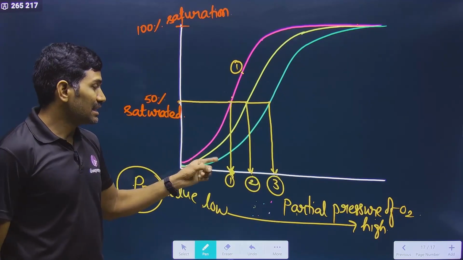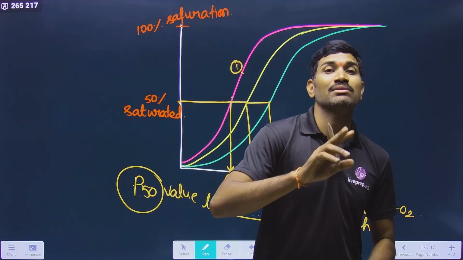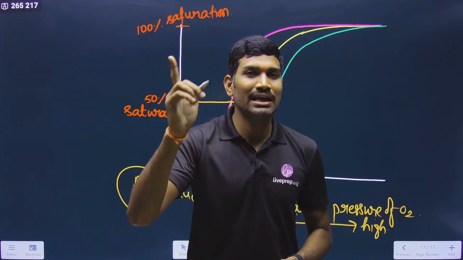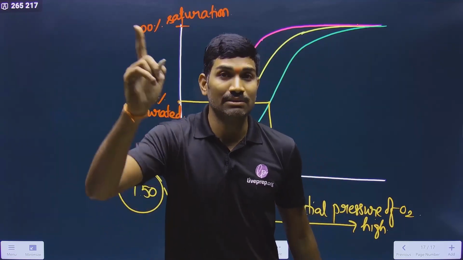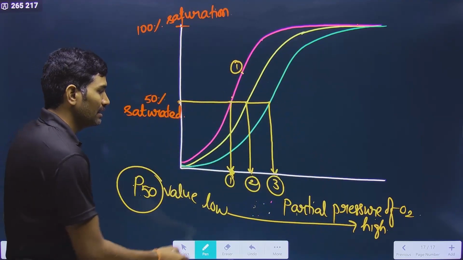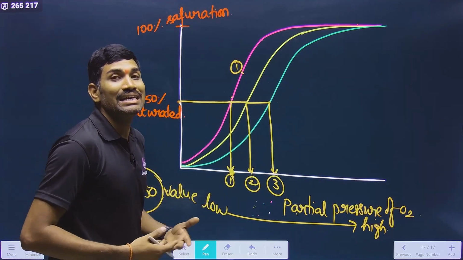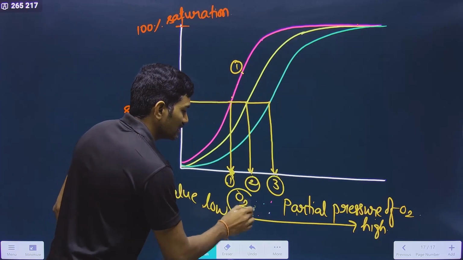That means, this type of logical information I already told you when we studied the enzyme concept. Km values we studied, same logic. Less Km value means more affinity to bind with substrate. Same logic here. Less P50 value means more binding affinity of oxygen to this molecule. This is the partial pressure of oxygen, right?